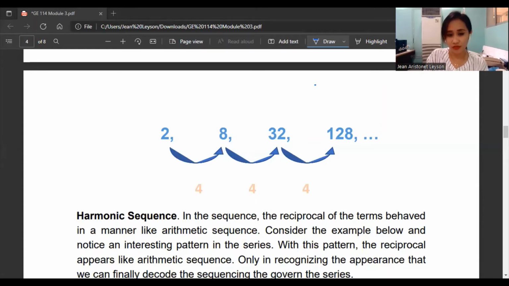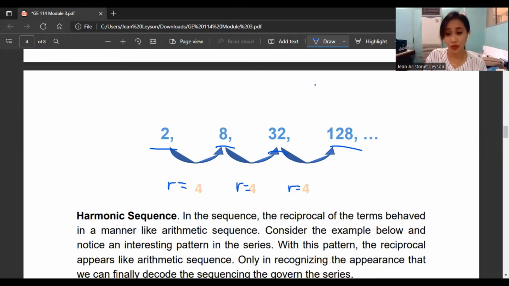Try to observe these numbers and analyze from the first term, from 2, how did we get 8? From 8, how did we get 32? From 32, how did we get 128? For this sequence, we can say that the common ratio is 4.